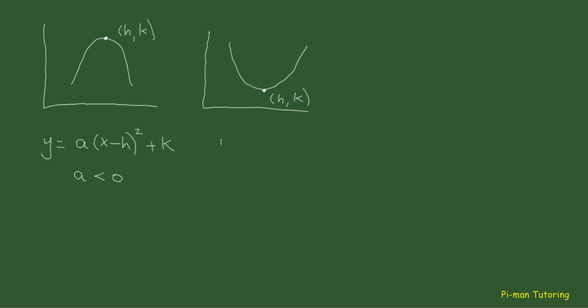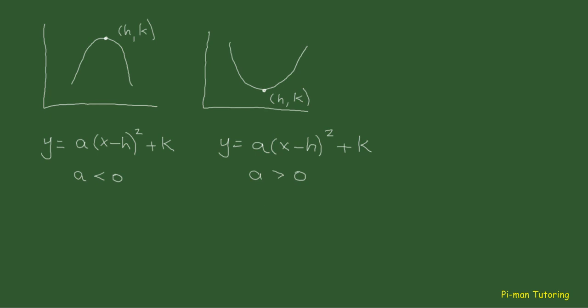On the right-hand side, we have exactly the same formula. Some constant a multiplied by x minus h squared plus k. And in this case, a is greater than 0, which means the parabola opens up.